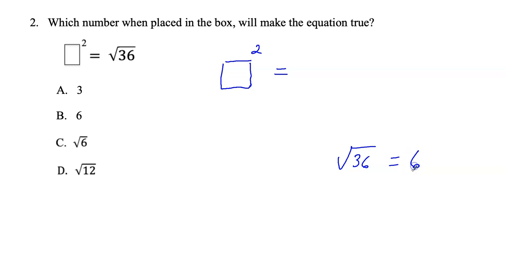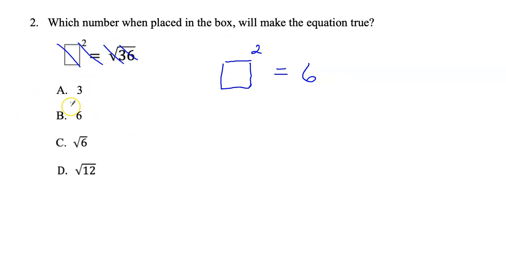And that's 6. Because 6 times 6 is 36. So instead of putting a square root of 36 here, I'll just simplify this, say to myself the square root of 36 is 6. So I rewrote this like this. Now I'm going to cross this out so it doesn't confuse me and just look at this piece.